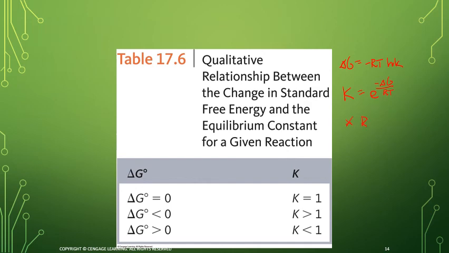Please just remember that the R is in joules, so comparing that to the delta G in kilojoules, just make sure that you convert it. Otherwise, you're going to get your number messed up. So convert your kilojoules into joules for your delta G value. But this would be your equation that you could use to solve for the equilibrium constant based on a given free energy value for a reaction.